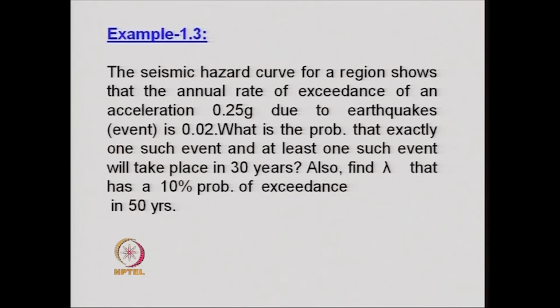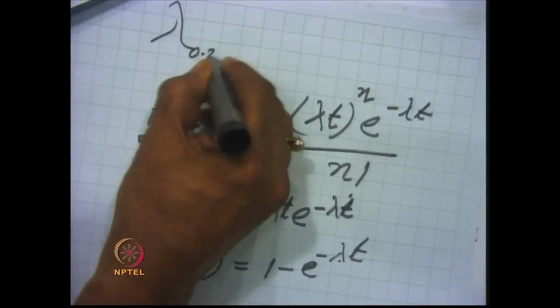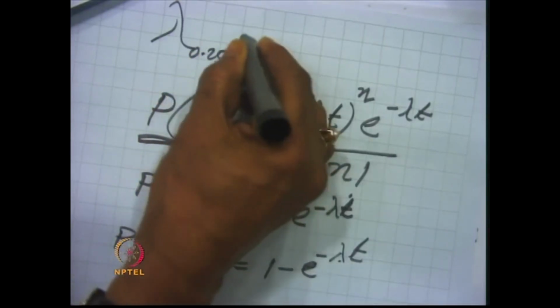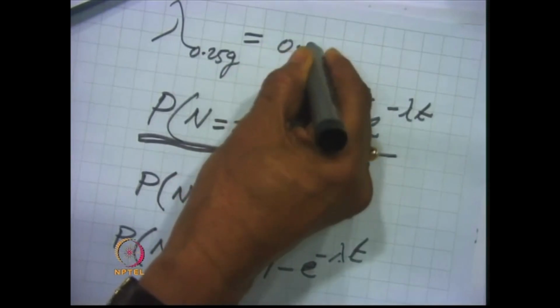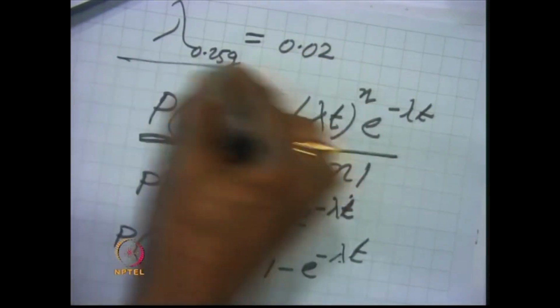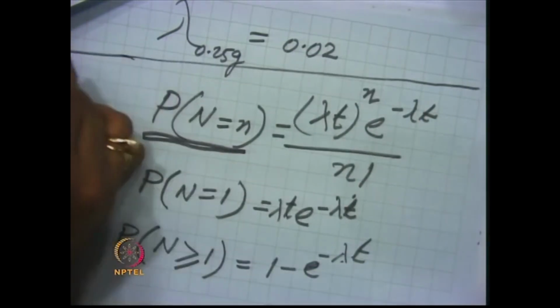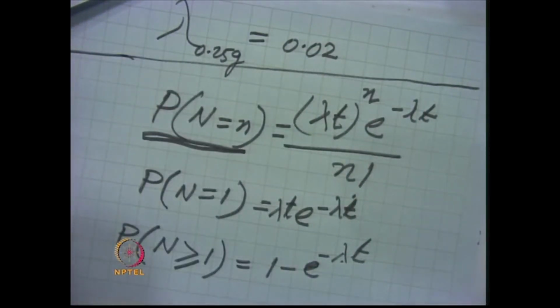So here the problem is: the seismic hazard curve for a region shows that the annual rate of exceedance of an acceleration of 0.25 g due to earthquake is 0.02, that is lambda 0.25 g is given as 0.02. So from the hazard curve that is plotted for the region, we get these particular values.